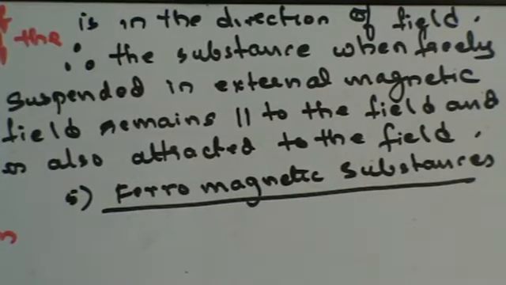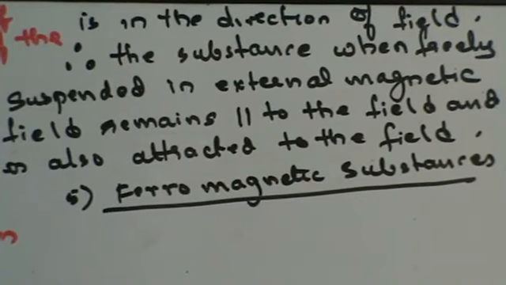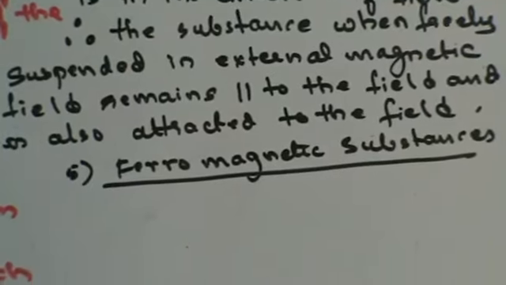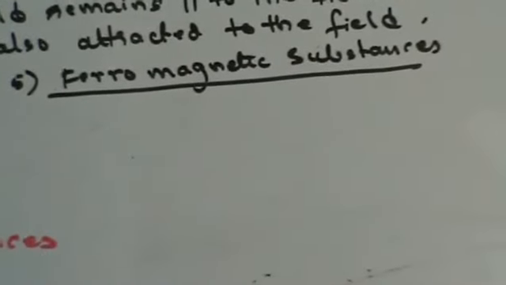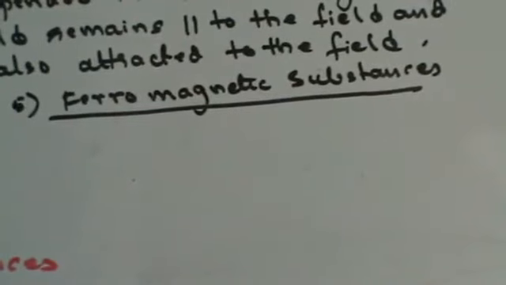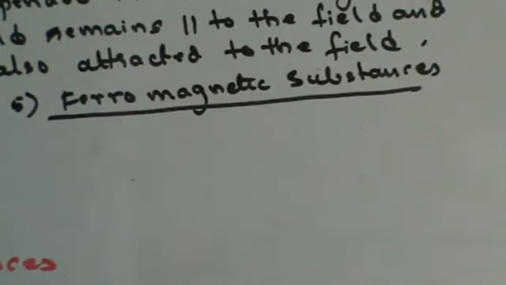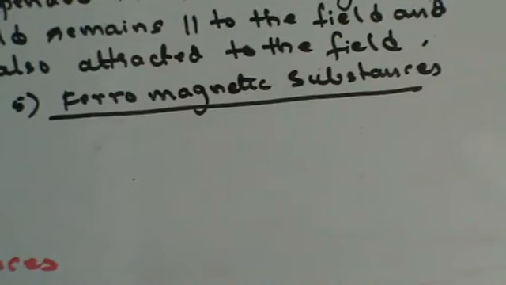Now, in the case of ferromagnetic substances, the alignment of the dipole axis in the atom in the direction of the external field is very high, and hence even with a small external field, there would be a strong magnetic property produced in the substance. Right? Ferromagnetic substances have magnetic dipole axes in each atom, which are randomly arranged and they cancel each other.